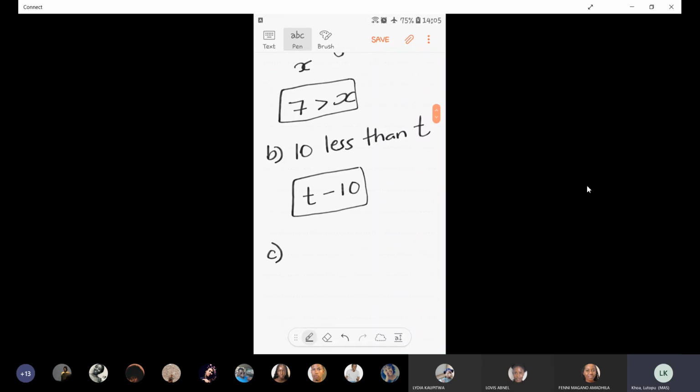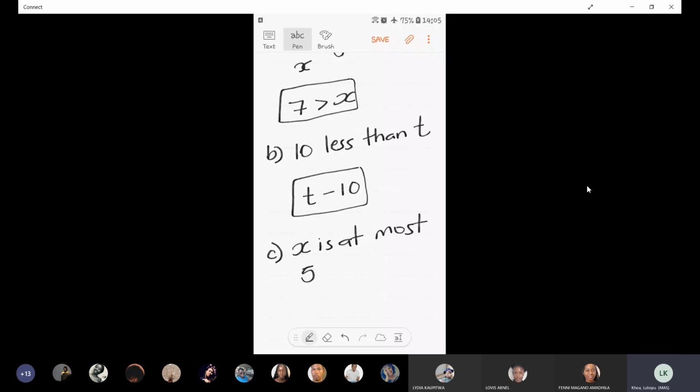Then another one, x is at most 5. You've noticed even from set theory, people struggled with at most and at least. So x is at most 5. How do we write that in a mathematical way? Now remember what at most means. At most, that means your maximum.